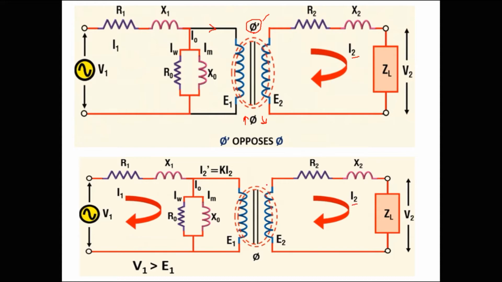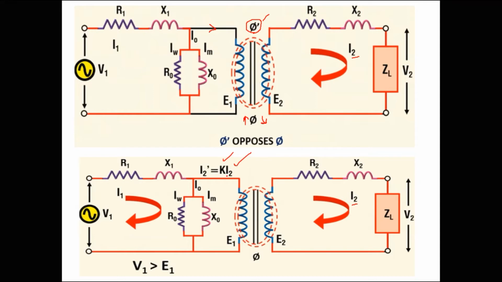Because of I2 only we had psi dash, and this psi dash is reducing the main flux, but we require constant main flux. For boosting up that main flux we draw extra current from the primary coil, and that extra current is because of I2. So in order to indicate the reason for the extra current, we name that current I2 dash, and its value is K into I2.